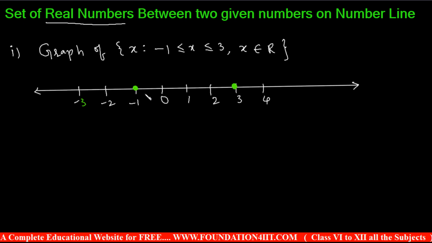Because of real numbers between -1 and 3, each and every number, even 1.1, 1.2, so infinite numbers between those, that's why I should draw one more line on this entire range. Just one dark line you need to draw.